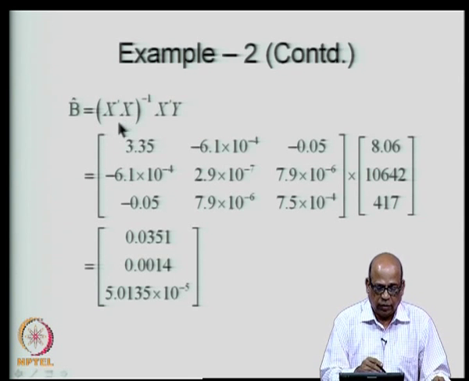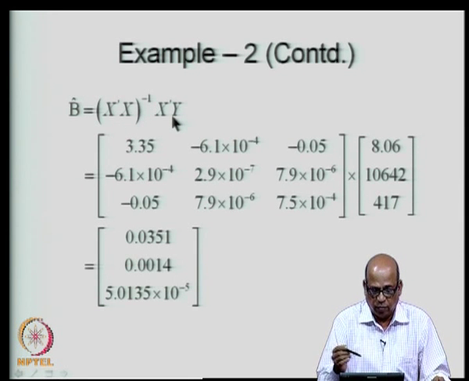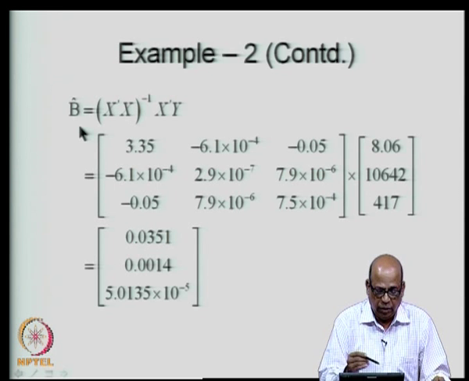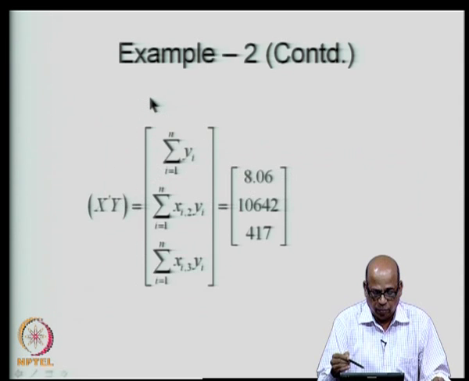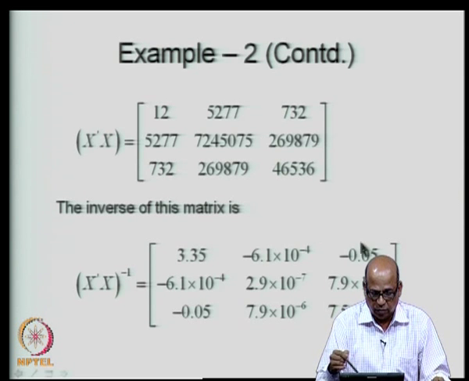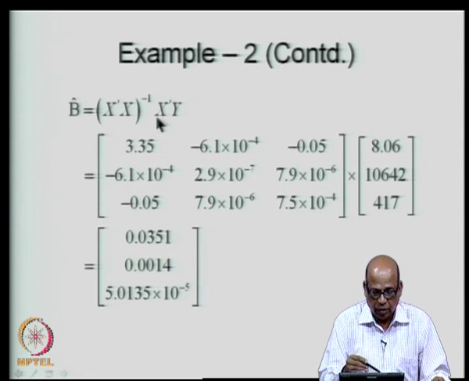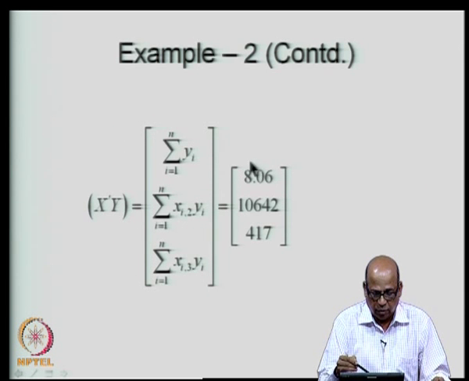Once you get both x dash x inverse as well as x dash y, you get b cap, which is your parameter vector. So, the parameter vector is obtained by, this is x dash x inverse, which we obtained just now, this matrix, and x dash y, this is x dash y.